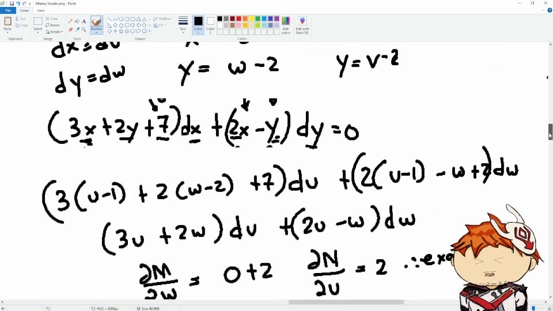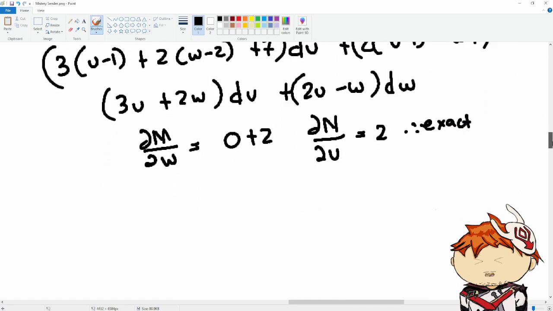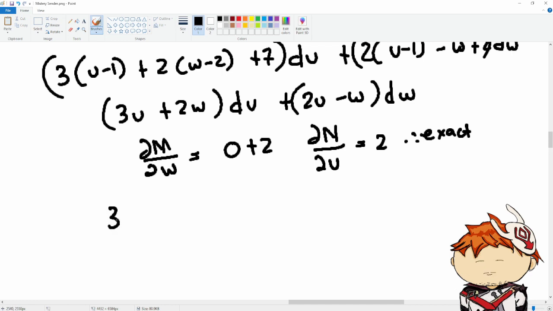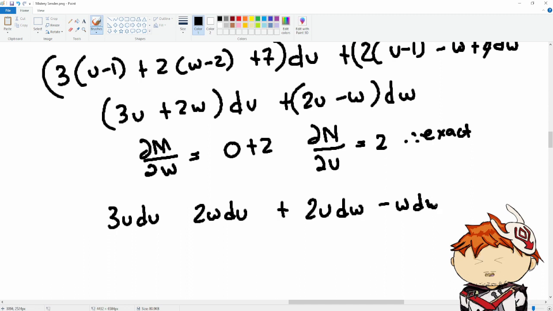How about another way? Can we do it by inspection? I know that we don't want to do inspection, but if this is exact, a common exact differential, 3u du minus w dw plus 2u dw plus 2w du is equal to 0.